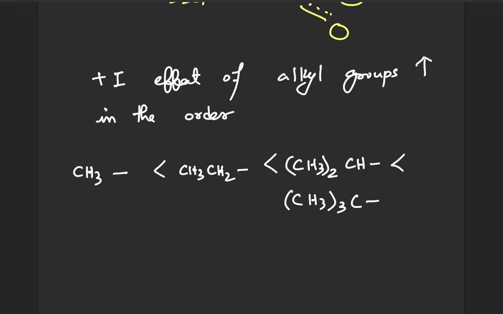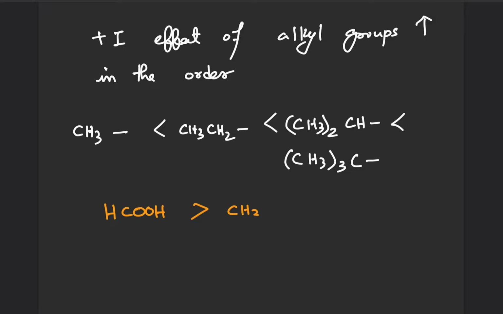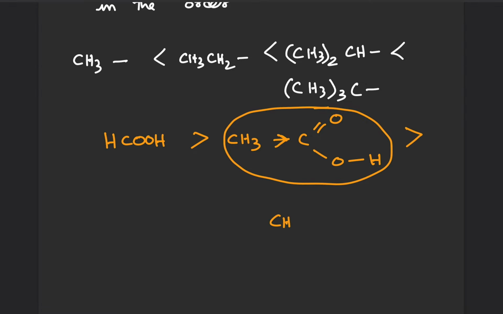Therefore, out of the given 4 aliphatic acids in the question, obviously HCOOH will have the maximum acidity, because it does not have any such plus I groups. Then we have CH3COOH, because there is one group donating electrons, making it less stable than HCOOH. Then we have (CH3)2CHCOOH, because there are 2 alkyl groups donating electrons.